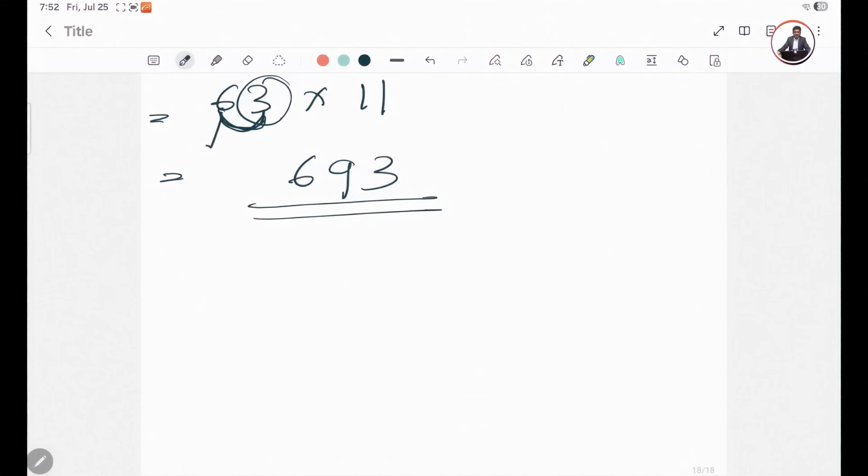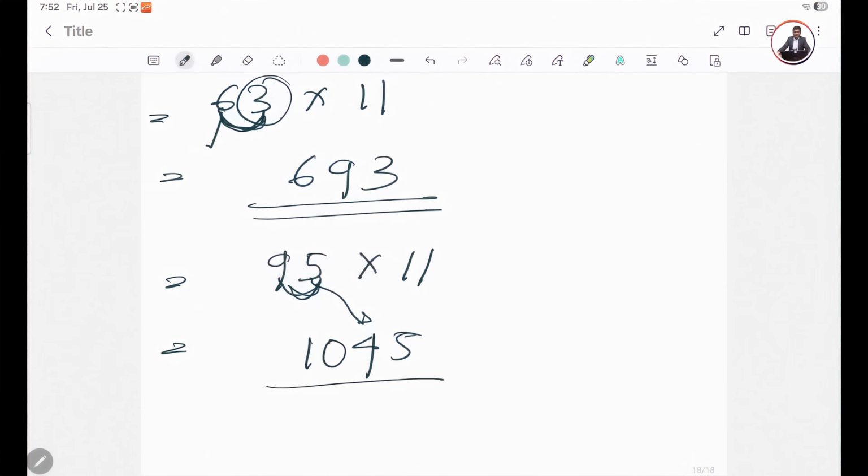So the answer is 693. Again, 95, if you want to multiply with number 11, keep 5 here, and then 5 plus 9 is 14, and then 4 here, and 1 goes to other side, and 9 plus 1 is 10.